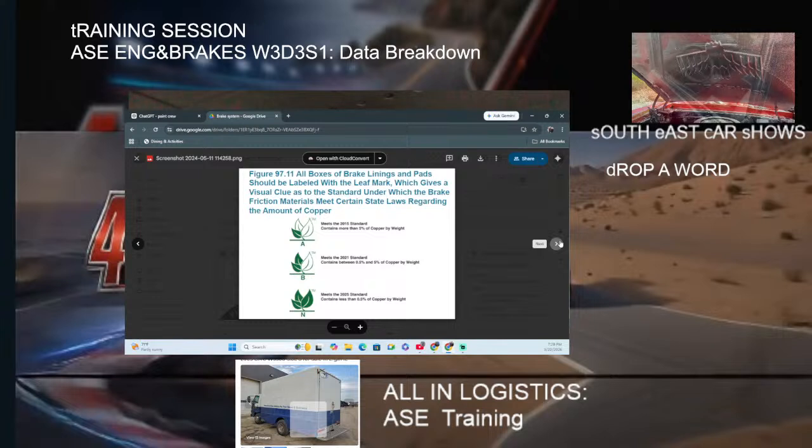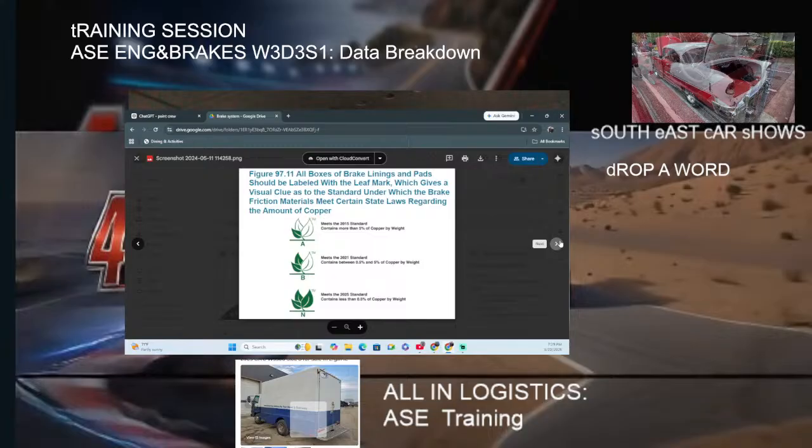All boxes of brake linings and pads should be labeled with the leaf mark, which gives a visual clue as to the standard under which the brake friction materials meet certain state law regarding the amount of copper.